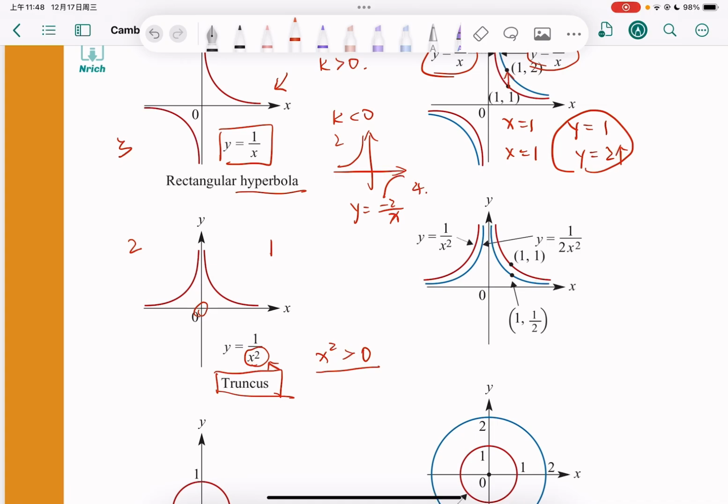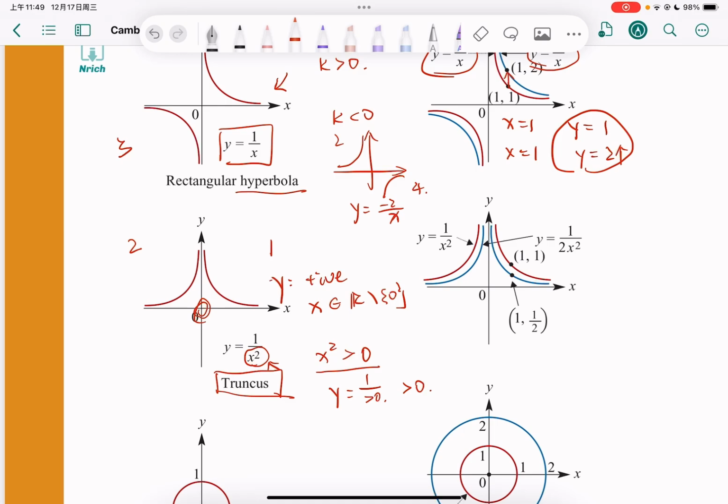That means for y, 1 over something greater than 0 will also be greater than 0. So y doesn't have negative values; y only has positive values, and x can take any value except 0, because x squared is on the denominator, and we cannot have a denominator equal to 0.